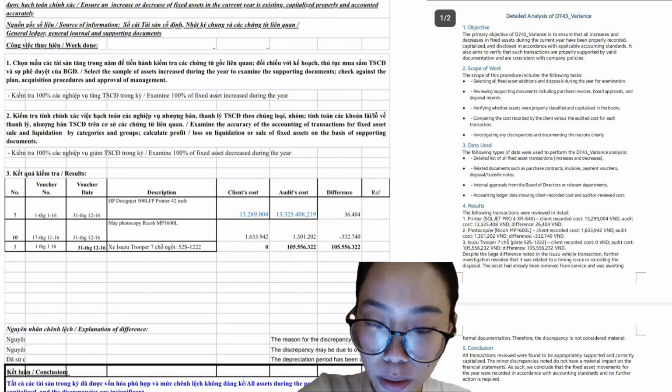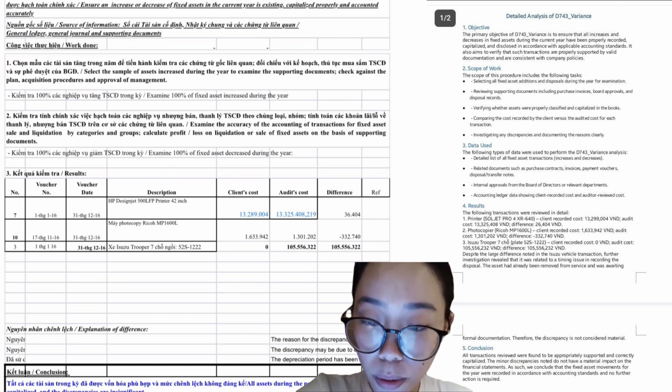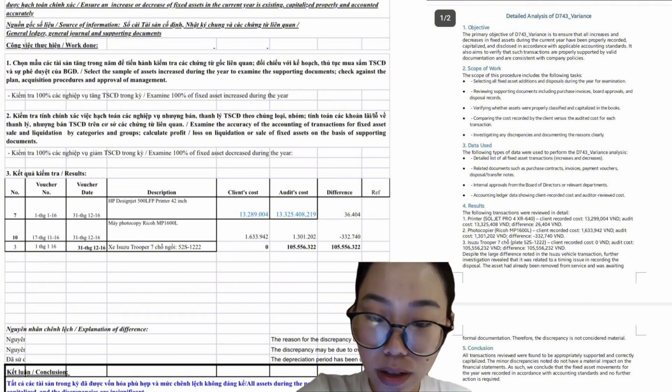It also aims to verify that such transactions are properly supported by valid documentation and are consistent with company policies. Two, scope of work.